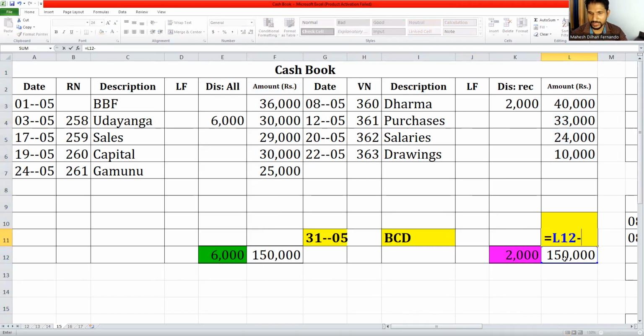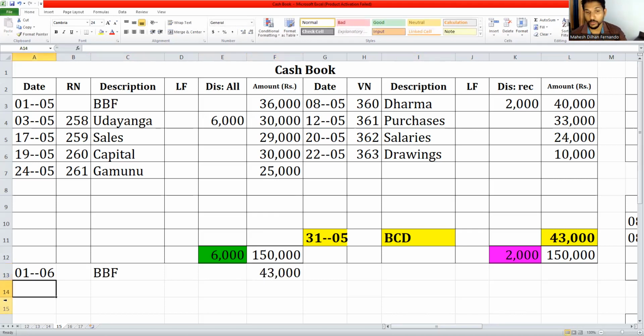It is 43,000. That is the balance carried down of the cash book. If you like, make it. 1st of June, balance brought forward 43,000.